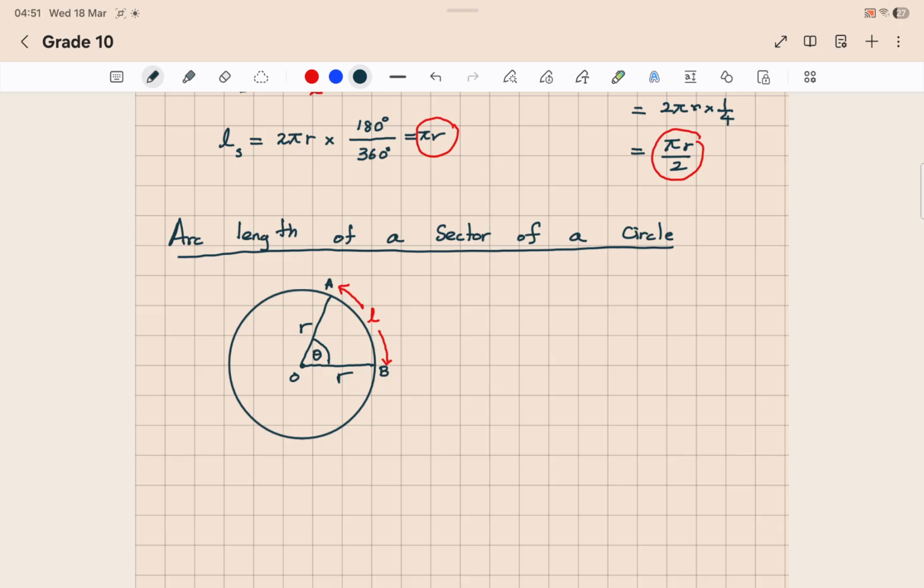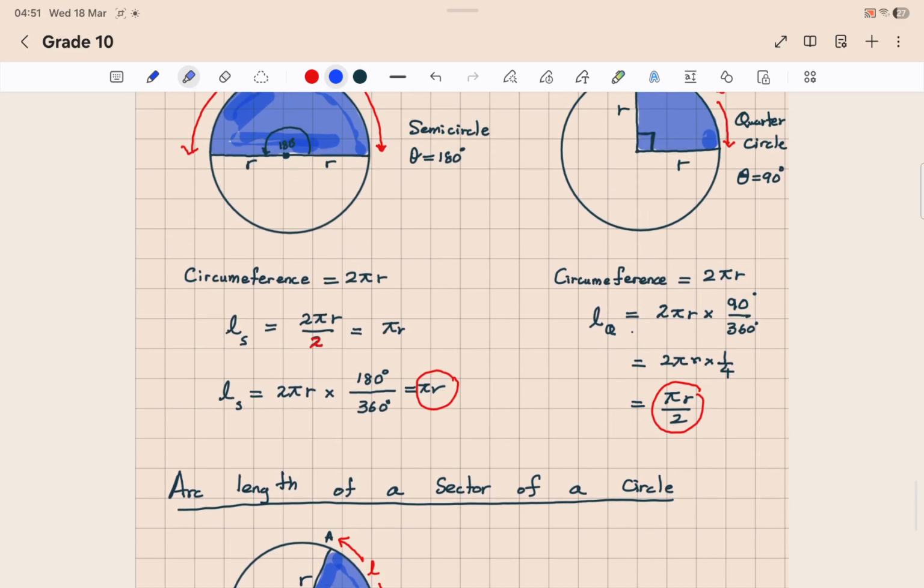We want to find the arc length of this sector, that L length, right?